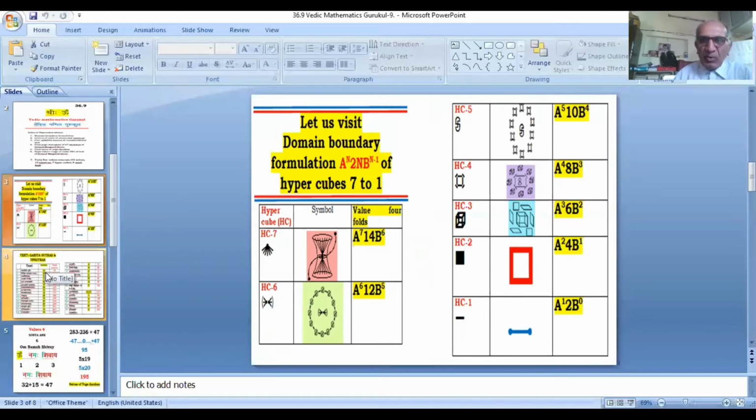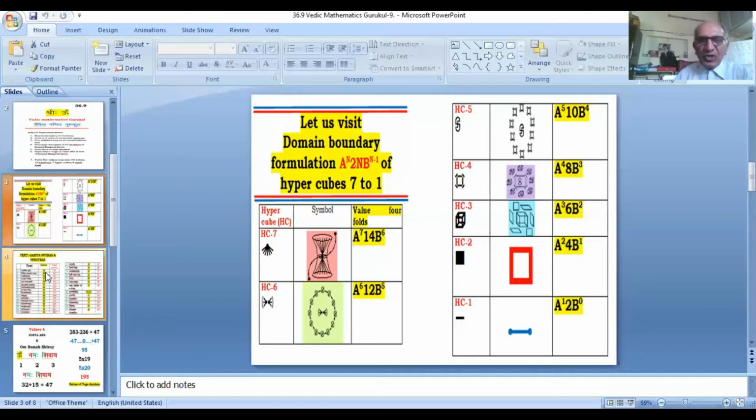See, in the tabulation, we have first mentioned the name, designation, and a symbol of the hypercubes. Then, in the second column, another symbol is tabulated as depicting different features of hypercube as a hypercube body of the respective space.